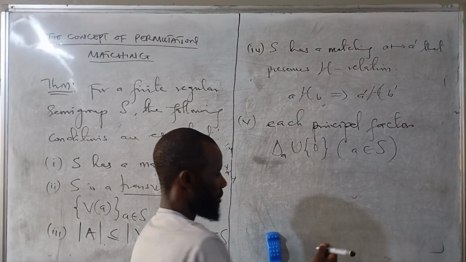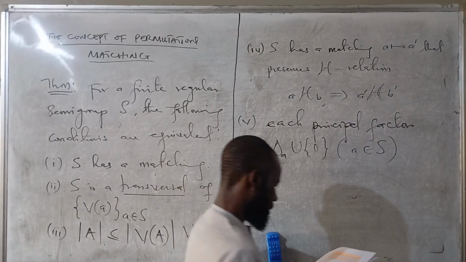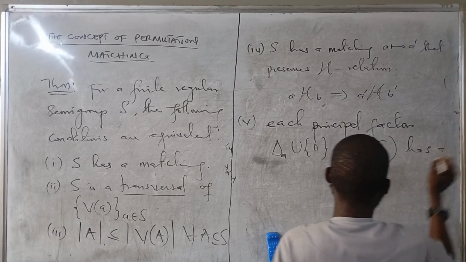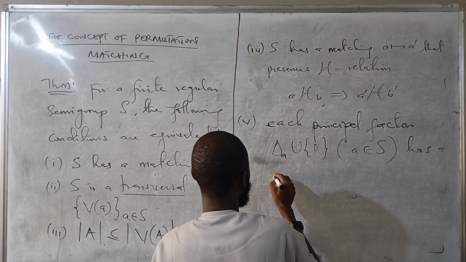This is a regular semigroup already. So each principal factor has a permutation matching.